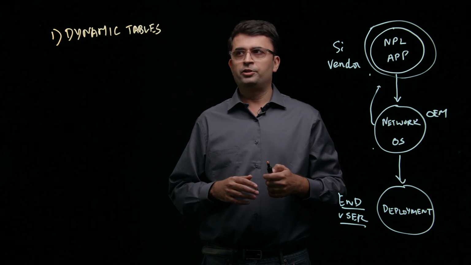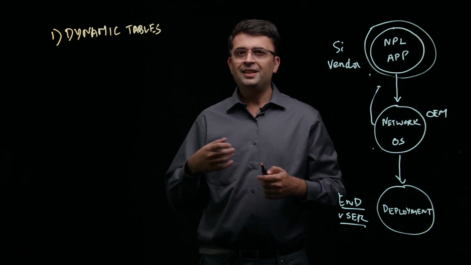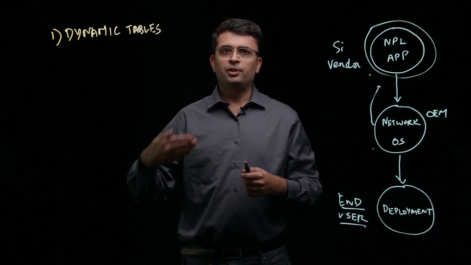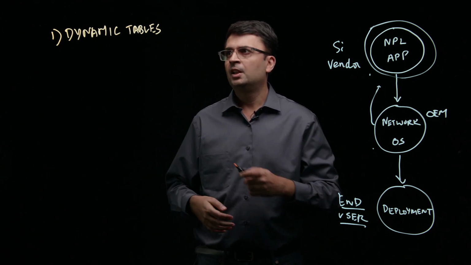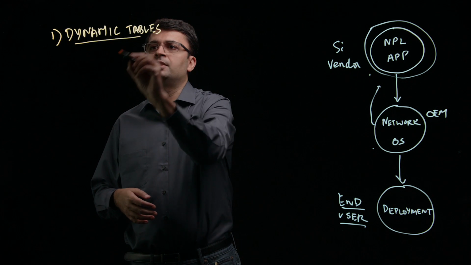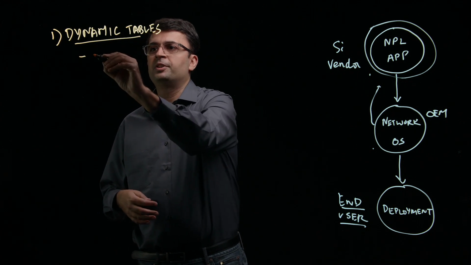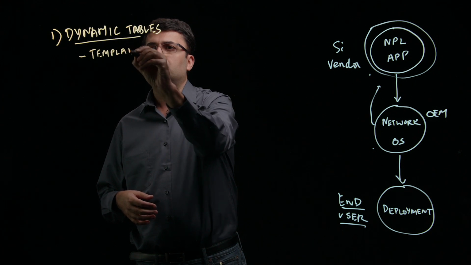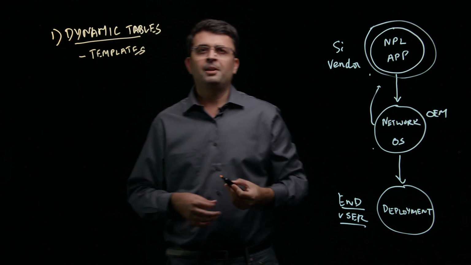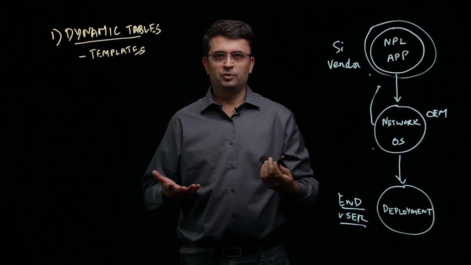But there are also dynamic tables, and these have built into them a great degree of runtime configurability. In the case of dynamic tables, what the NPL developer specifies is templates. And templates can be thought of as menus.